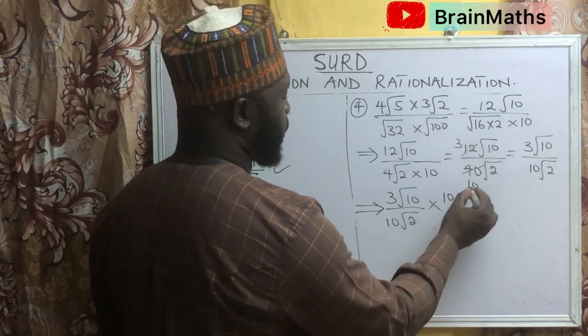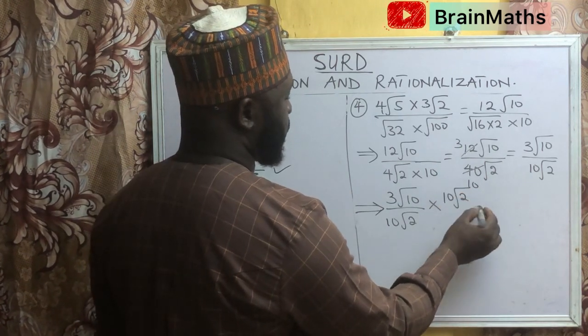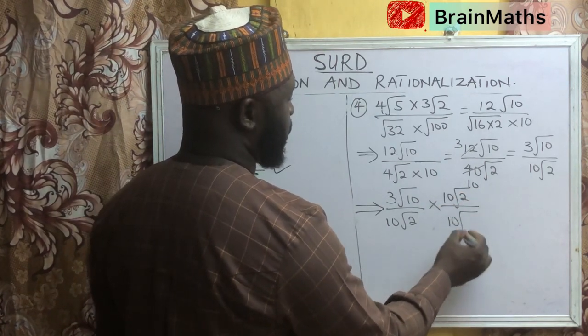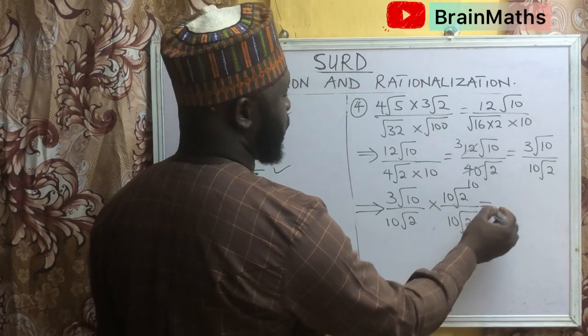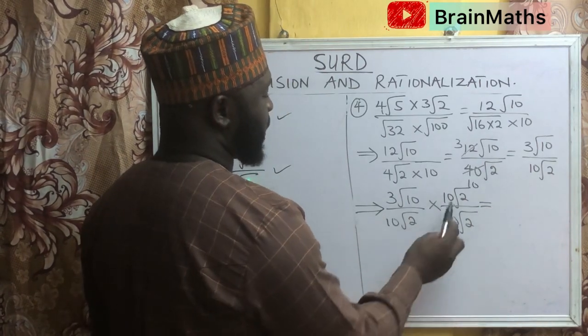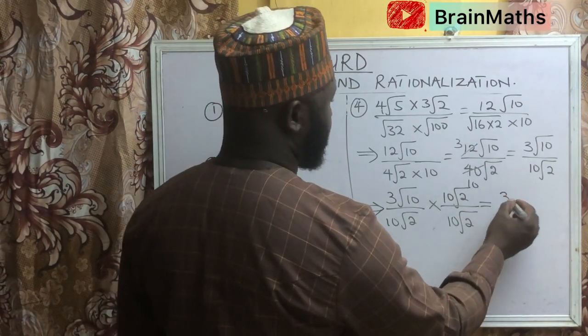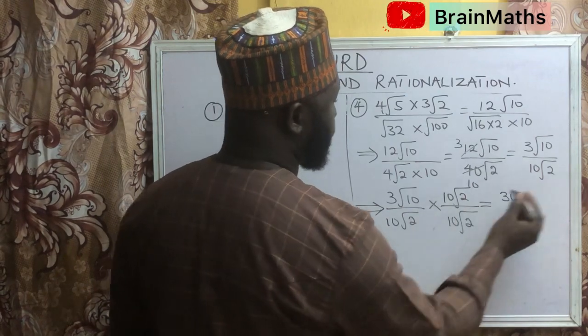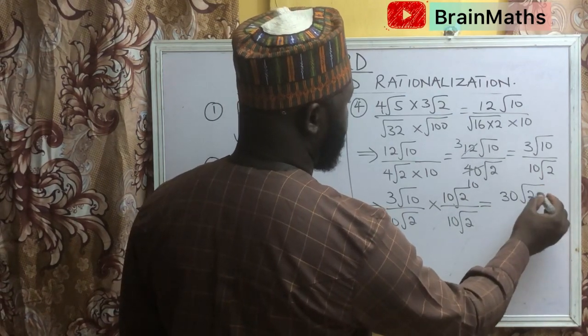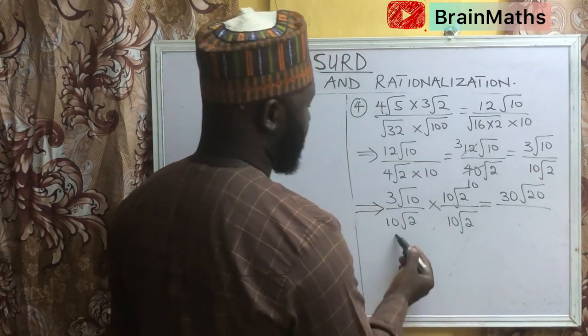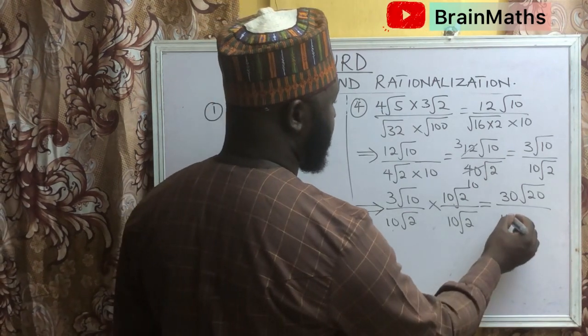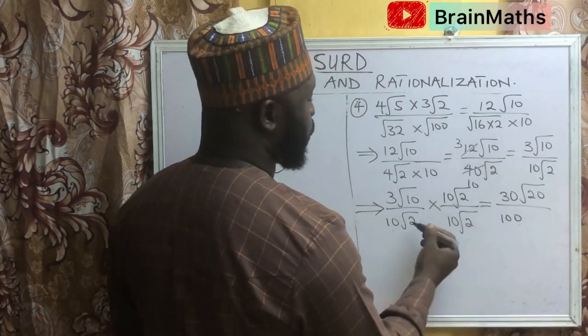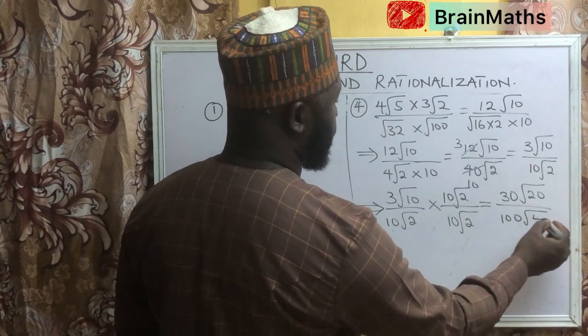So let's quickly do that. This is going to give 3 times 10 is 30, and 10 times 2 is 20, divided by 10 times 10 is 100, and root 2 times root 2 will give us root 4.